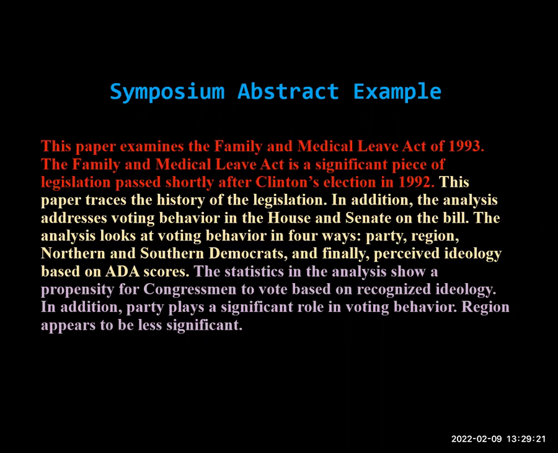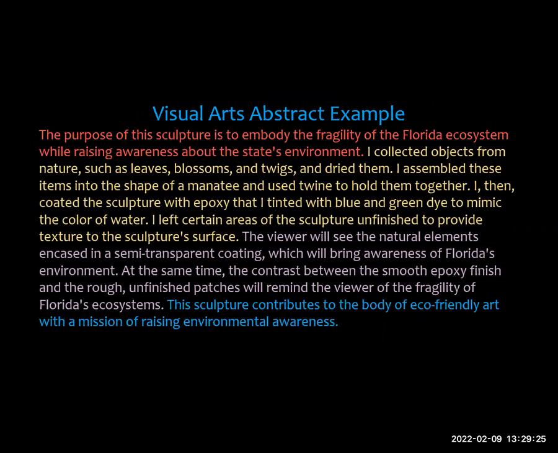Okay, let's look at another example of an abstract. Following up on the discussion Greg just talked about with the last abstract, we have a different abstract here. This can fall under communications and humanities. This abstract is also highlighted in parts. As you can see, the purpose of the abstract is highlighted in red.